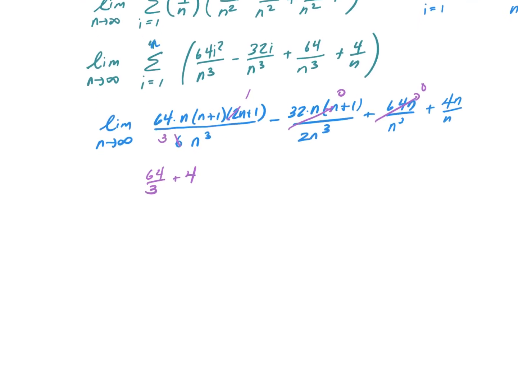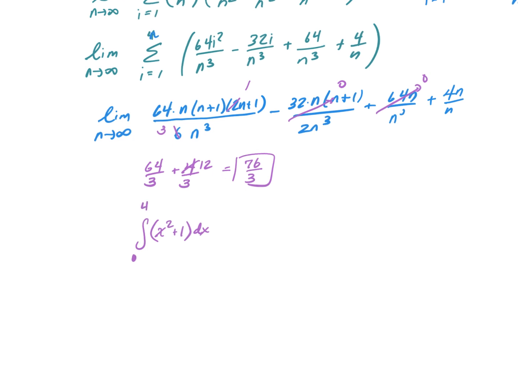So I'm going to check this one right now. This is 3. This would be 12. So I would get 76 over 3. So let's just try it. Make sure we're right. So we got x squared plus 1 dx. We're going to go from 0 to 4.